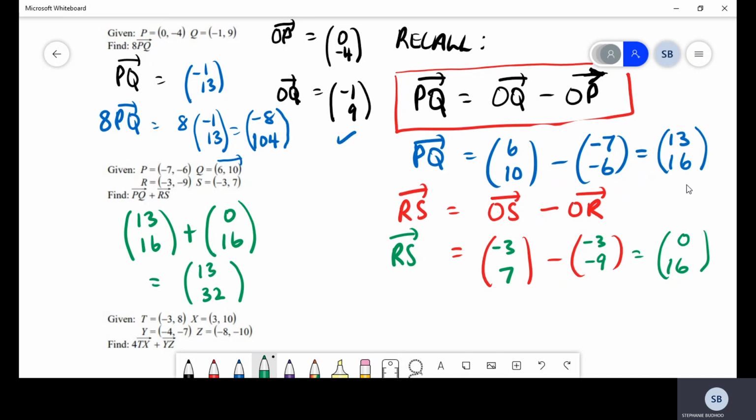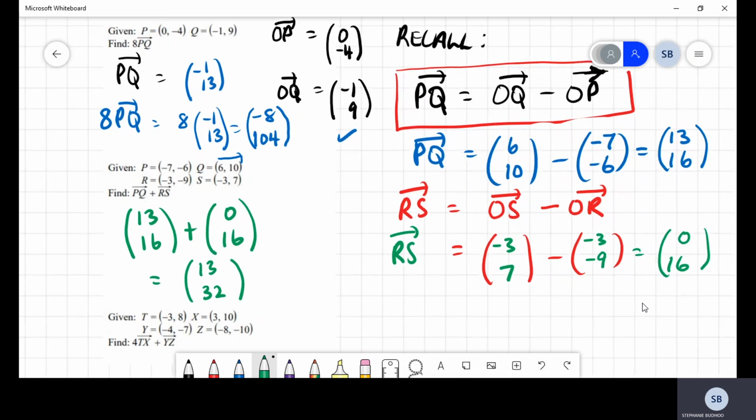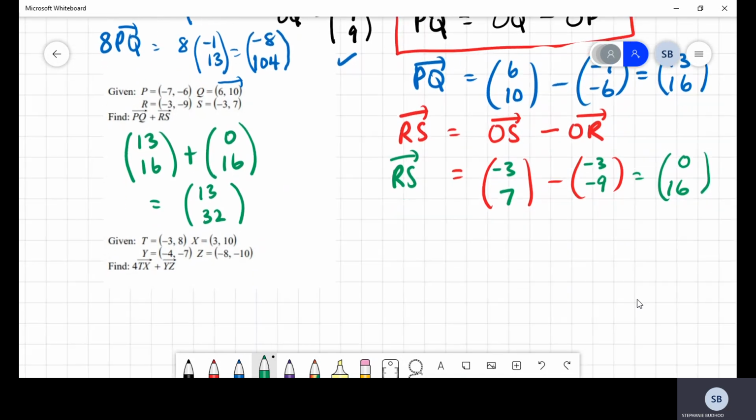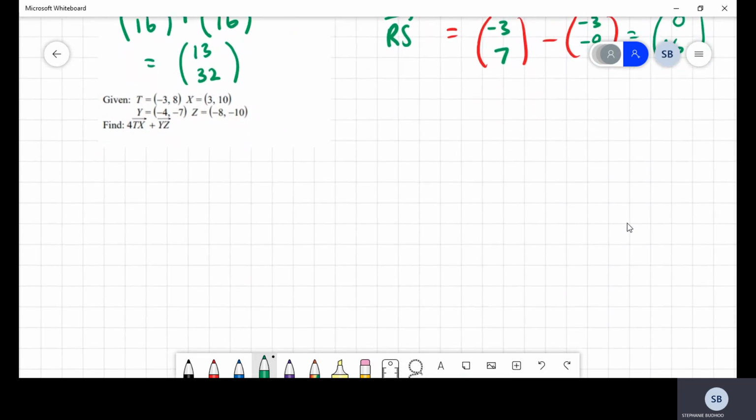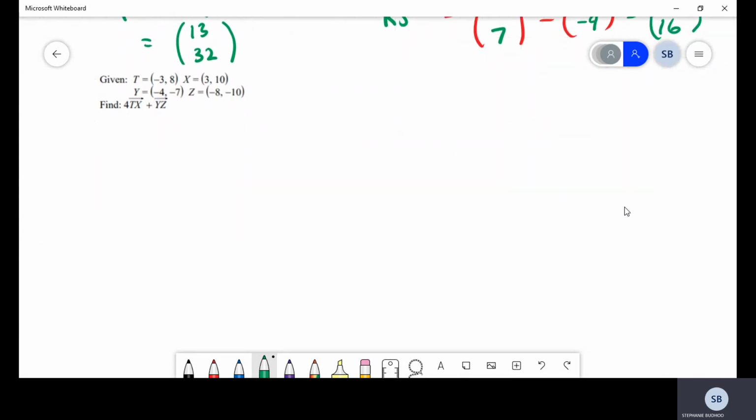Now we are going to finally see how we can attempt question 3. Okay, so it isn't that bad. I'm going to do a lineup of all the column vectors that I have. The first coordinate I have is T. Transferring my coordinate into a vector, we get -3, 8. We have OX, and that's 3, 10.